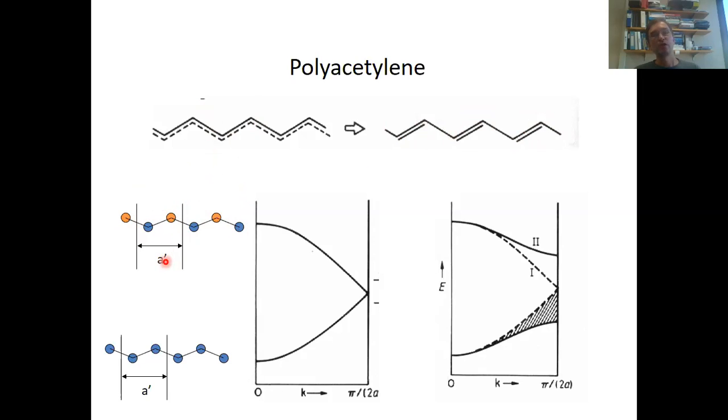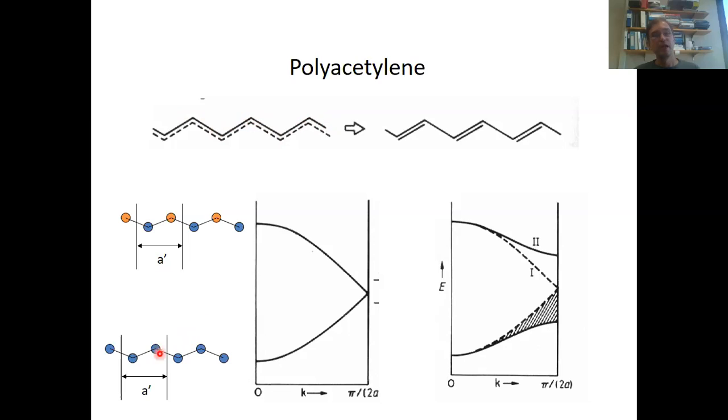So what would be our band structure in the case that our pi electrons would be completely delocalized? Well, then our carbon-carbon bond lengths would be all equal.